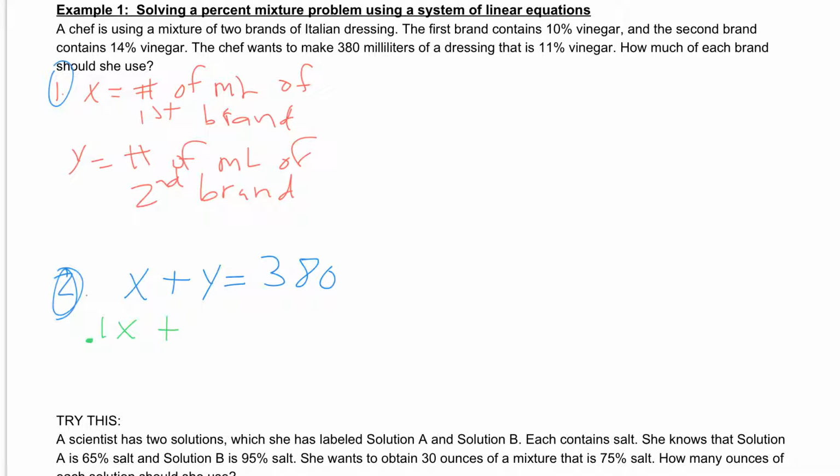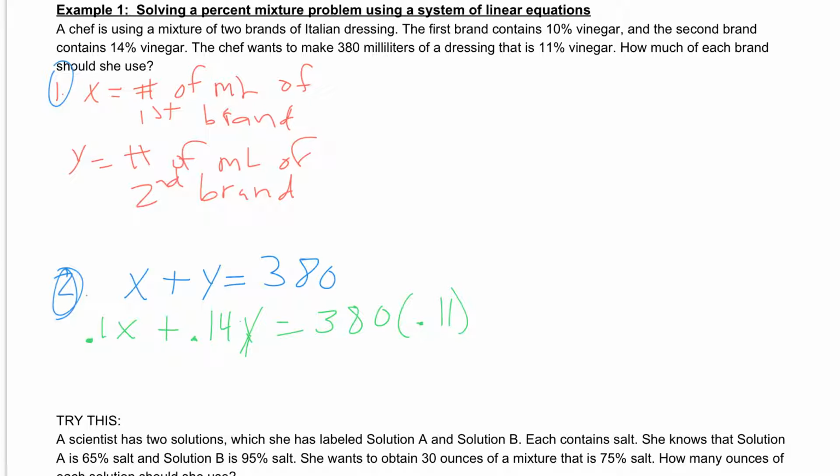My second brand, which is y, is 14%, so I'm going to multiply that by 0.14. And then my 380, the total that I have, I want that to be 11% vinegar. So I also have to take that 380 and multiply that by its percent, which is 0.11.